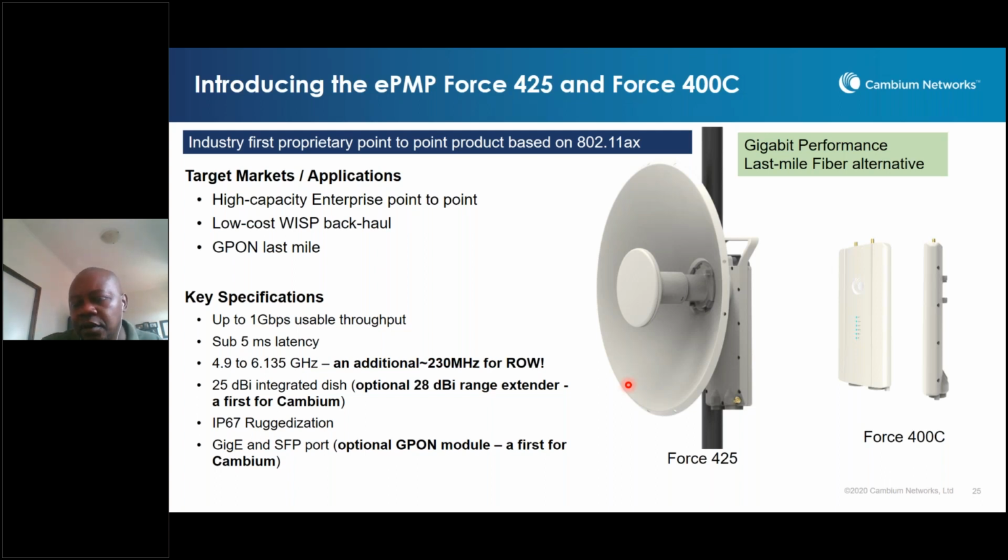It's IP67. Of course, if the 25 dBi antenna gain is not enough for you, you can buy the 400C, the connectorized version, and use an antenna with much more gain. Then it goes all the way from 4.9 to 6.135, so an additional 230 megahertz, which makes a difference if you are operating in a very congested 5 gig spectrum.